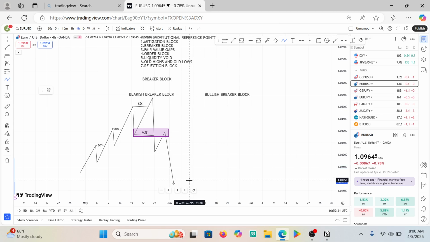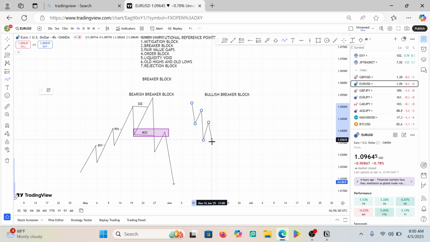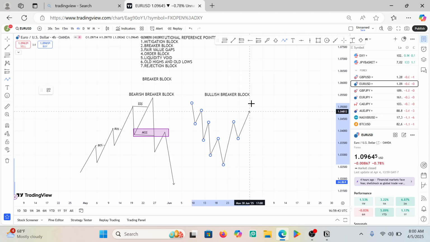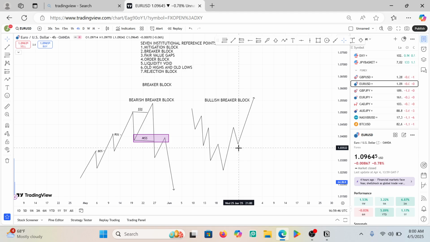The opposite is the same. The market was recently on a downtrend, forming lower highs and lower lows, and there's a sweep of liquidity here. The market came here, then changed direction.